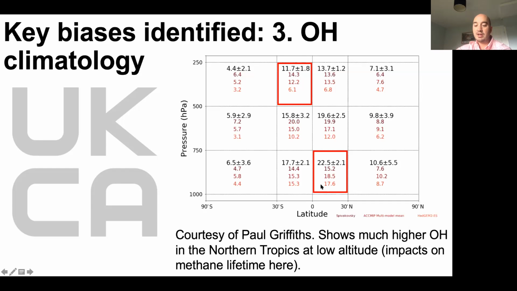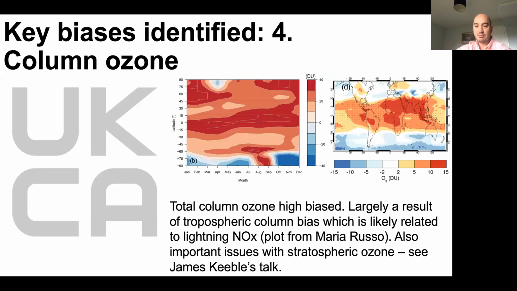Again, I don't think in this paper we've managed to attribute the reasons for this, but these are regions where the bias is really high compared to the variability in the model and compared to other estimates of what OH should be. And this has impacts on things like methane lifetime and so the methane radiative forcing. So I think that's quite important.